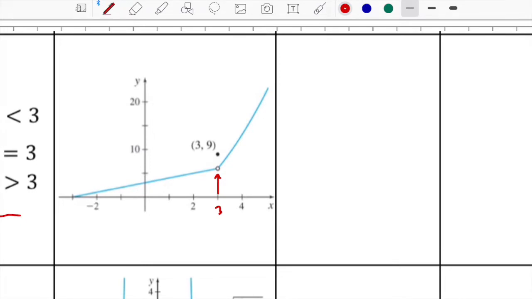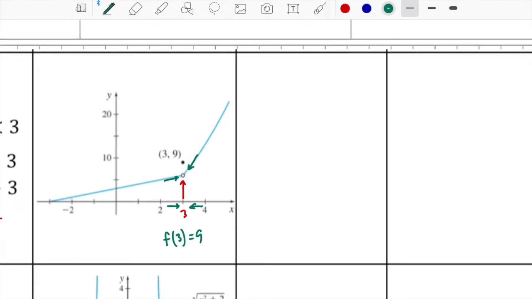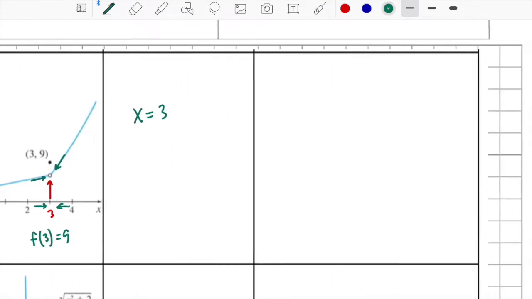Even though there's an open circle, if we approach 3 from both the right and the left, it's approaching the same y value, so the limit exists. Also notice that f of 3 is equal to 9, so f of c is defined. The point of discontinuity in this one would be at x equals 3, because that's where the hole is.